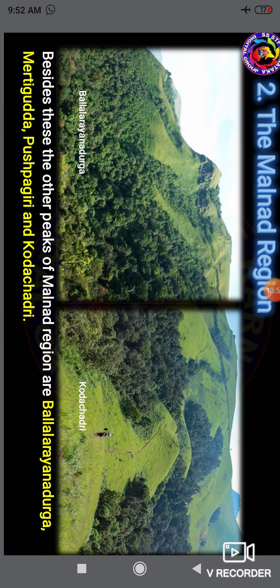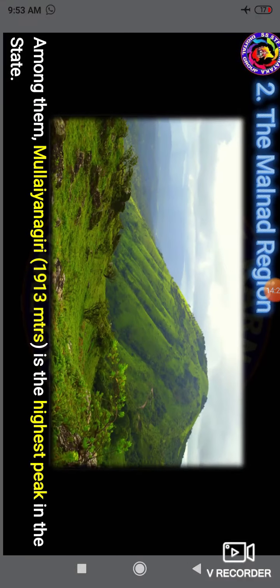And besides these, the other peaks of the Malnad region are Ballarayana Durga, Martigudda, Pushyagiri and Kodachadri. Among them, especially Mullayanagiri, is 1930 meters, the highest peak in the state.